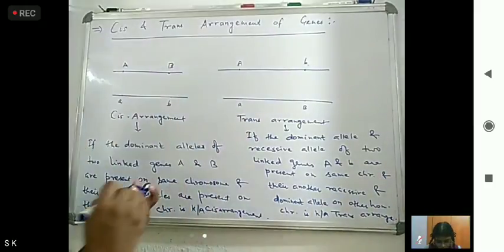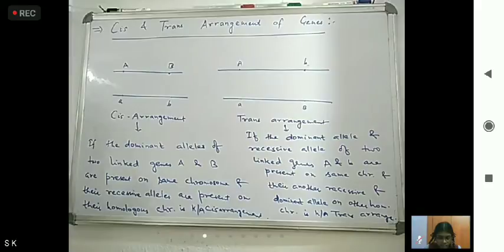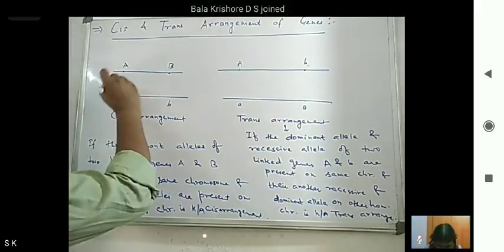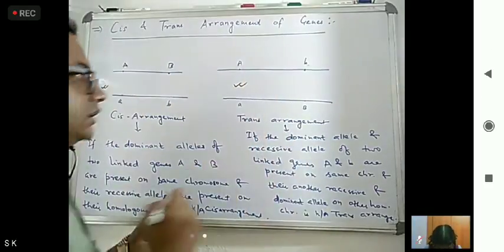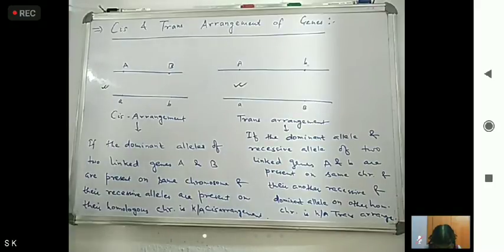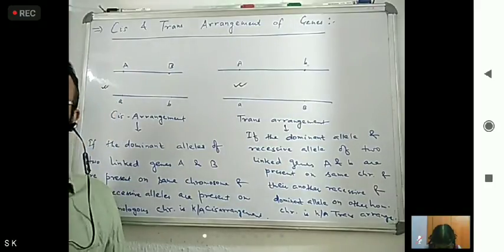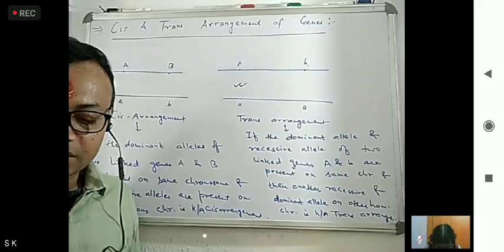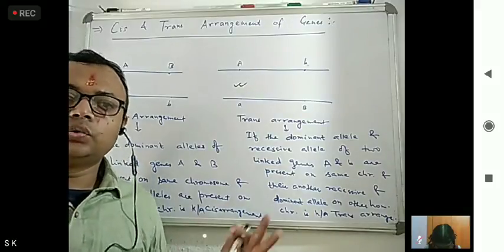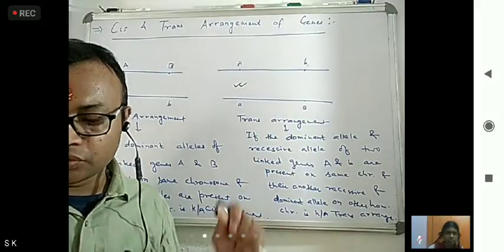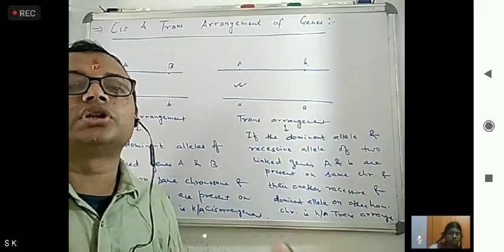Okay, so you understand, one is cis arrangement and one is trans arrangement. Now next we will see the dihybrid cross conducted by Morgan for showing the strength of linkage.